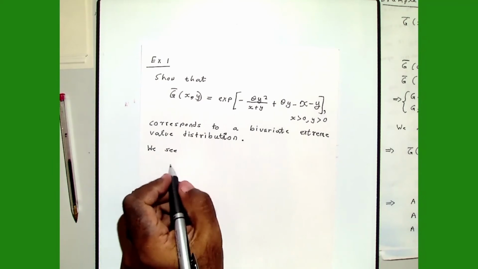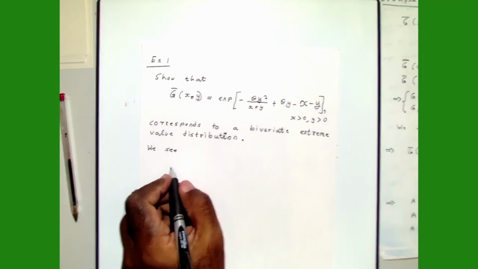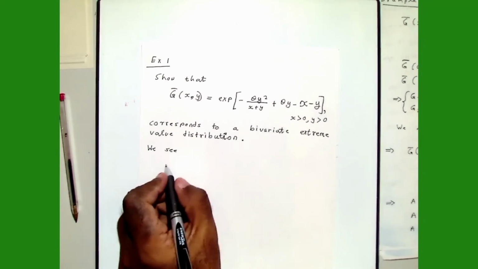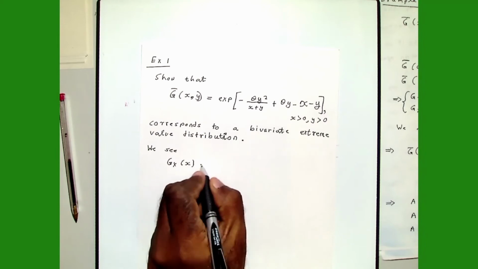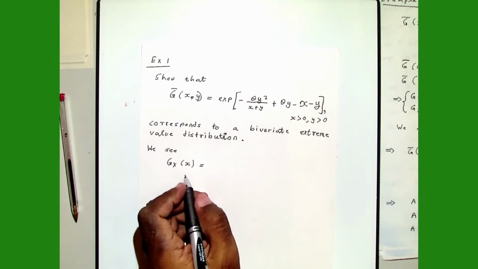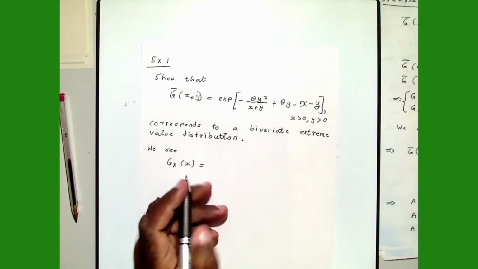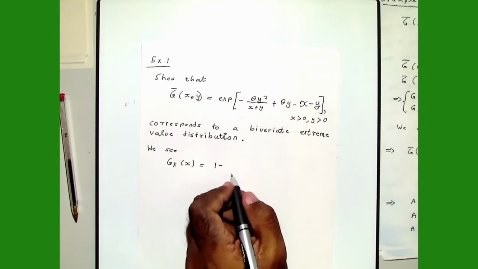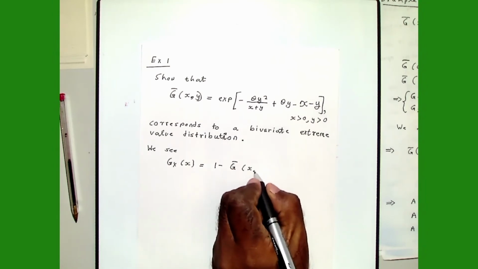Because this is a survival function, to find the marginals of X, you may recall from much earlier in the course, you need to use this formula.